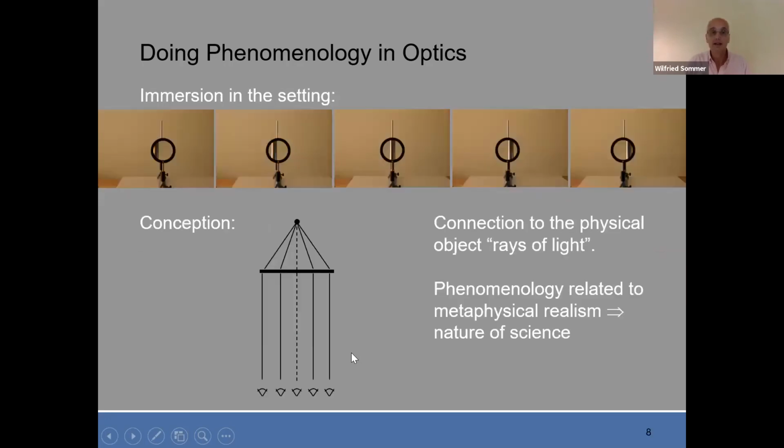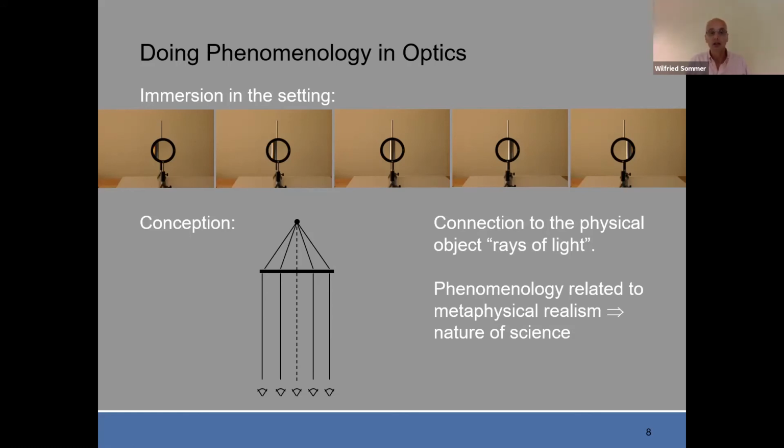And if you ask, what about the concept here? You have to draw lines this way, and then you realize that you were able to derive from these optical pathways the features of the focal point.